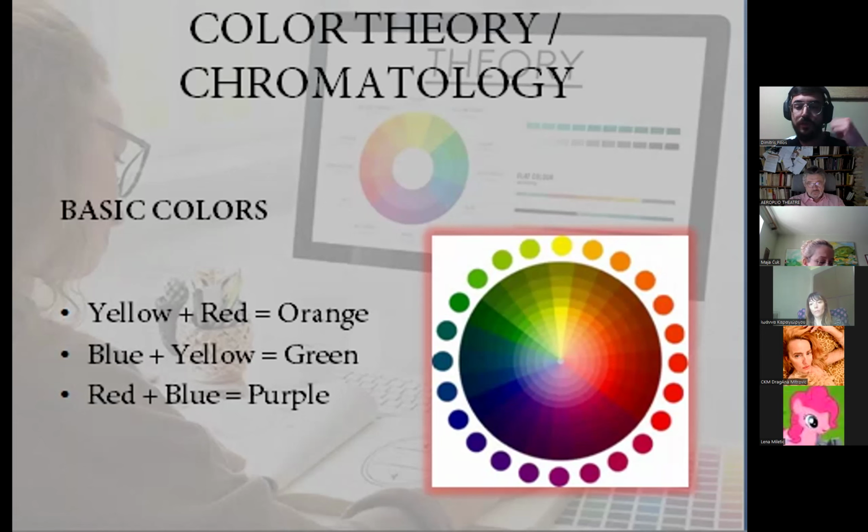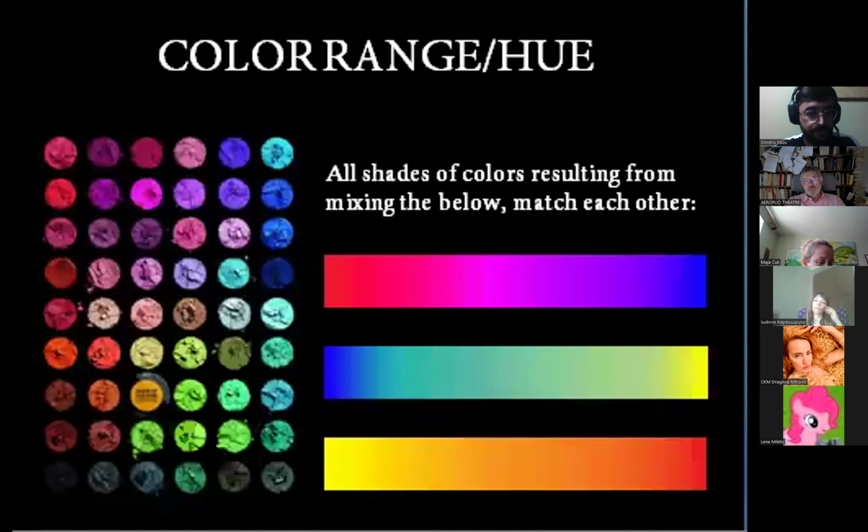So the mix of yellow and red gives orange, and all the varieties of orange. Blue and yellow gives us green, and red and blue gives us purple, respectively, okay? Now, based on the previous image, we can say the color range and hue that the color categories give us.